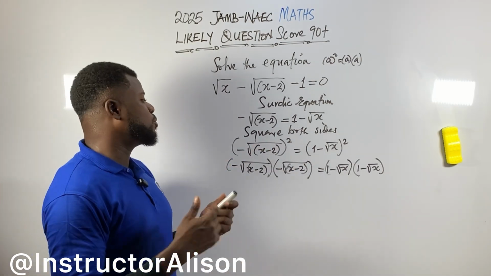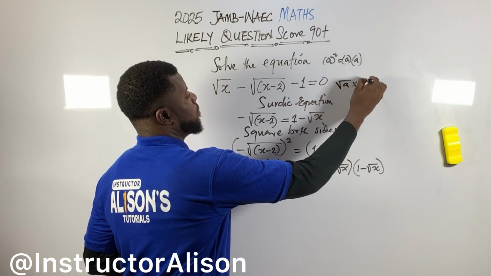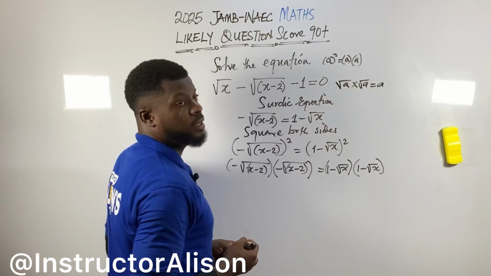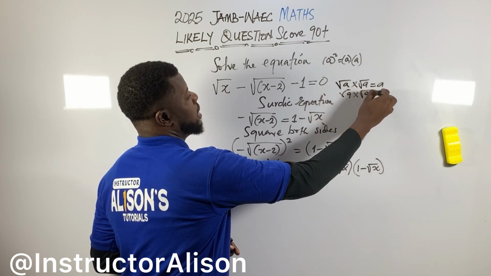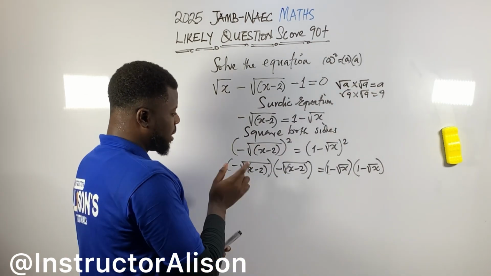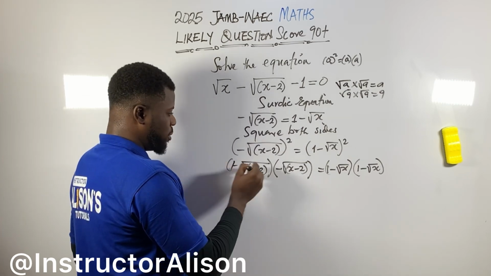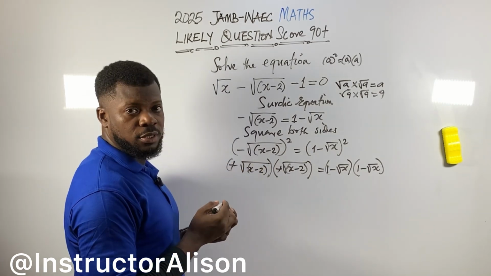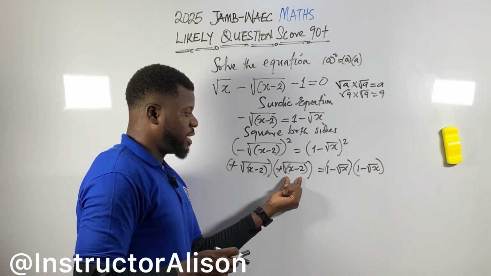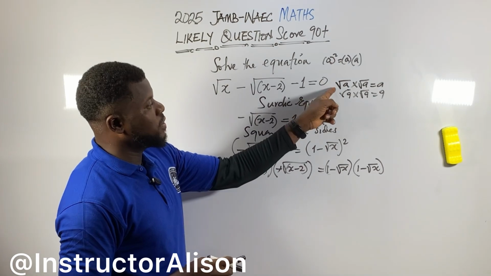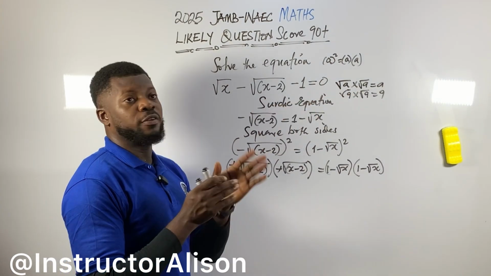So we are going to follow this rule of surds: if I get the square root of a times the square root of a, it gives me a. If I get the square root of 9 times the square root of 9, the answer will be 9. So if I get the square root of x minus 2 times the square root of x minus 2, remember, the square root of a times the square root of a, that is the square root of the same thing times the square root of the same thing.